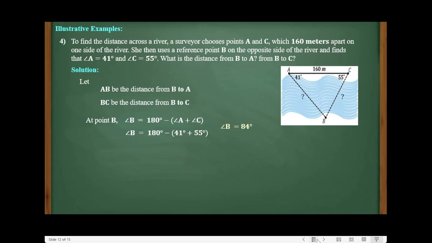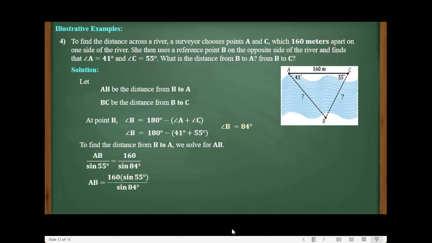Now, to find the distance from B to A, we solve for the length of segment AB using the law of sines. AB over sine of 55 degrees is equal to 160 over sine of angle B, which is 84 degrees.